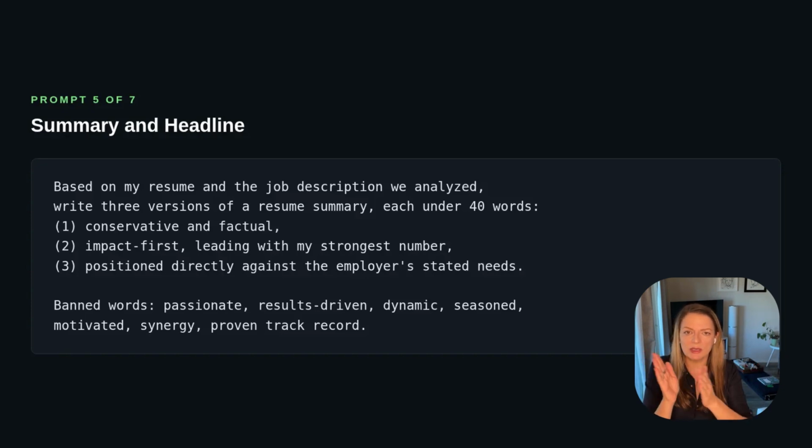Now you pick one out of those 3 or splice a couple, and the banned word list exists because every third resume on the recruiter's desk says passionate, results-driven. Those words no longer make an impact. They mostly read as noise. Avoid them.